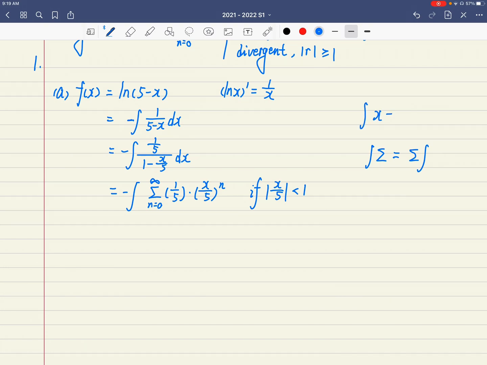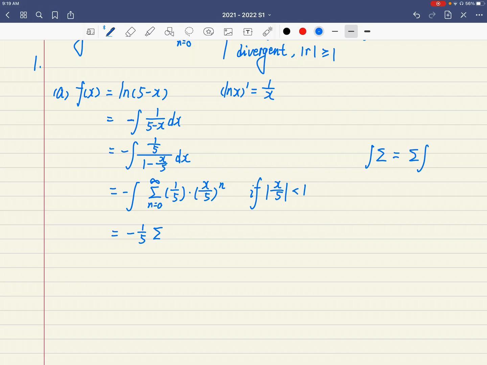For example, if you integrate x plus x squared plus maybe 3x to the power 4, it's equal to integrate each of them separately and then sum them up, right? It's the same. So integrate summation is equal to the sum of the integration. And a constant, you can always move it out to simplify our calculation.